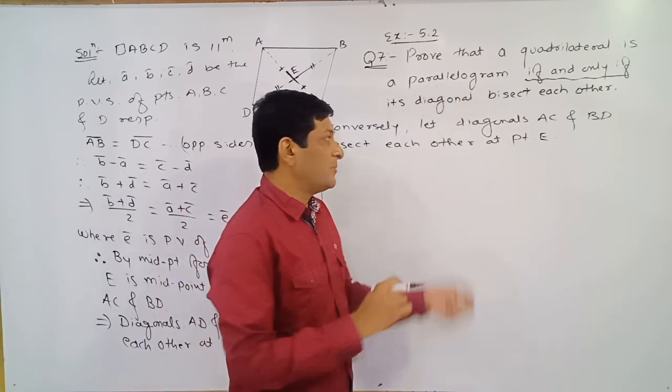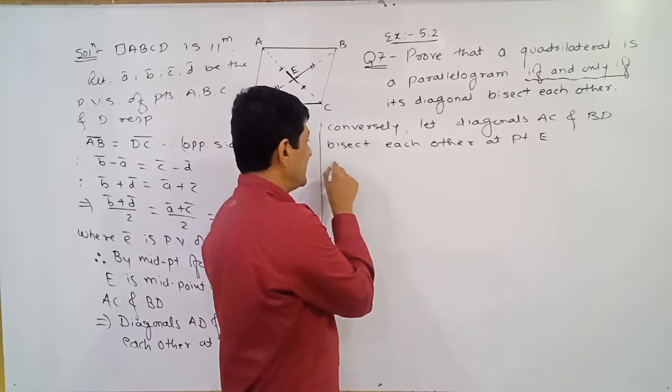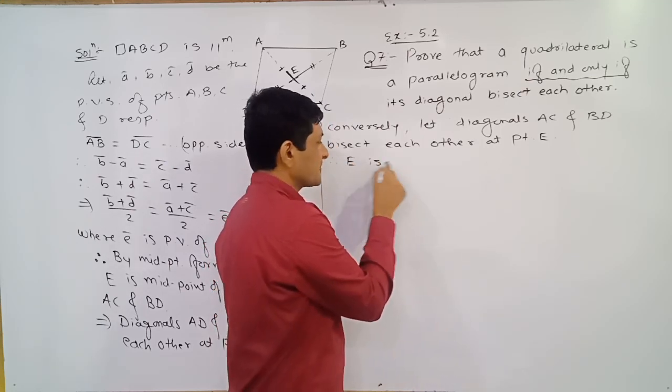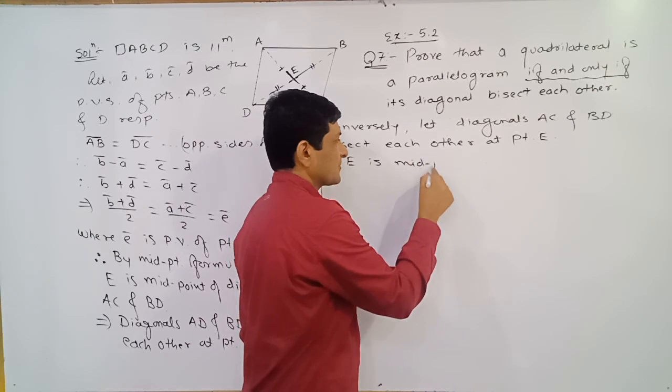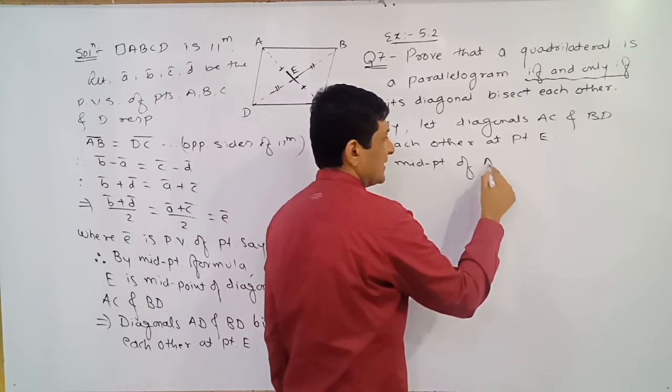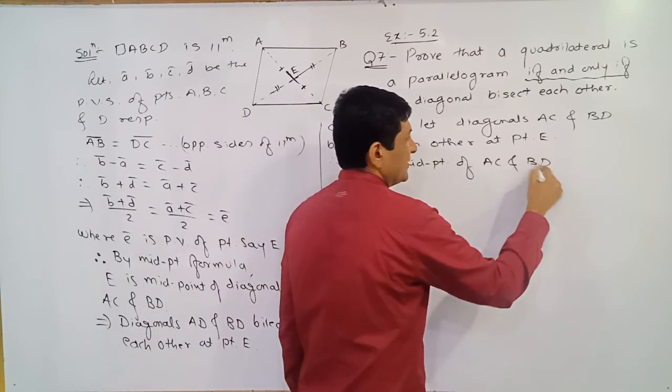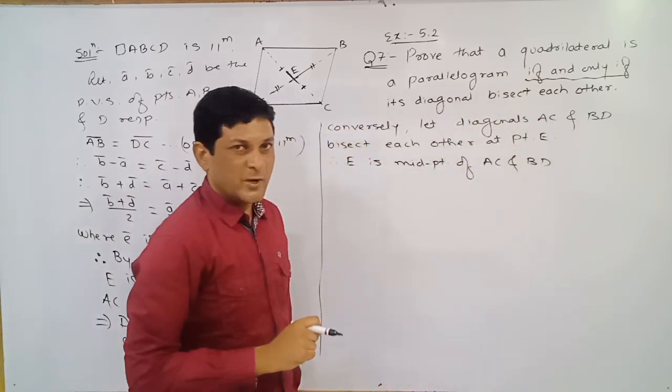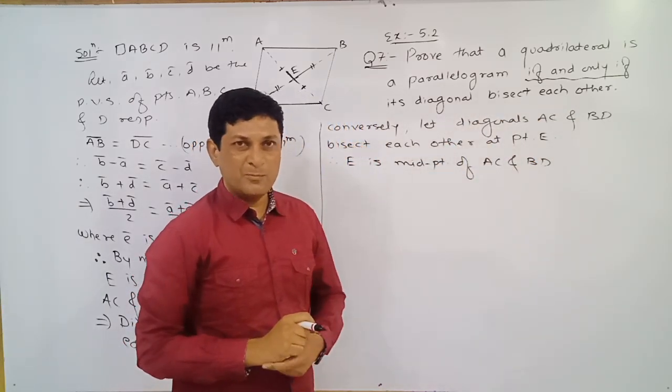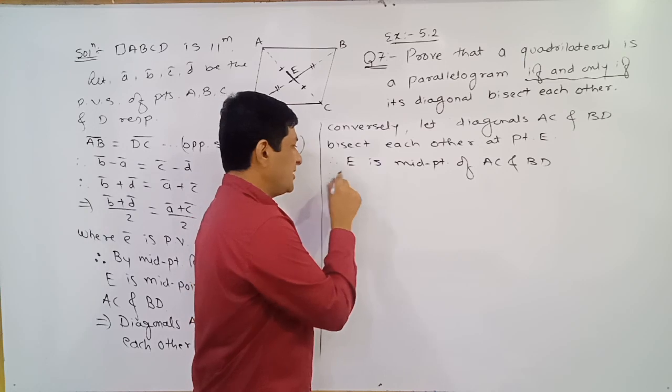So by the midpoint formula, E is the midpoint of AC and BD. If these diagonals bisect each other at point E, it means E will be the midpoint of both the diagonals.